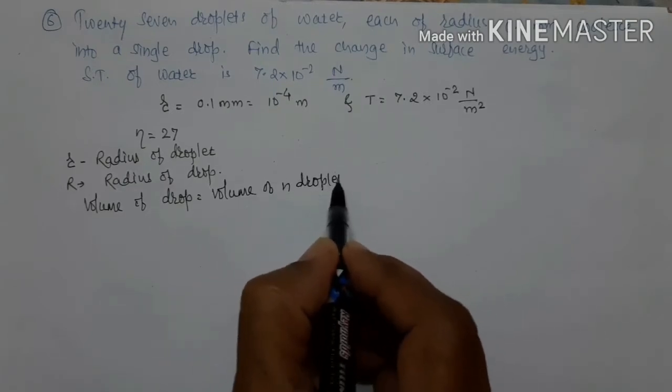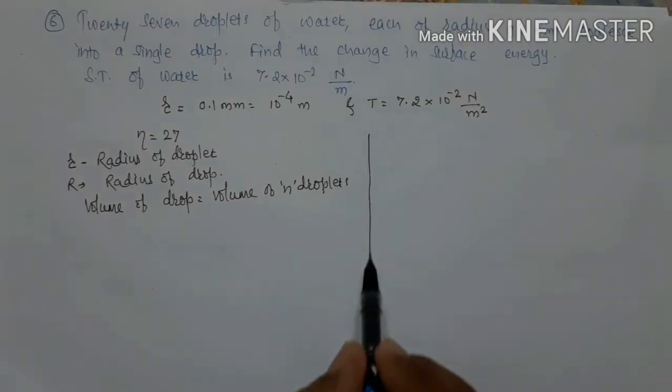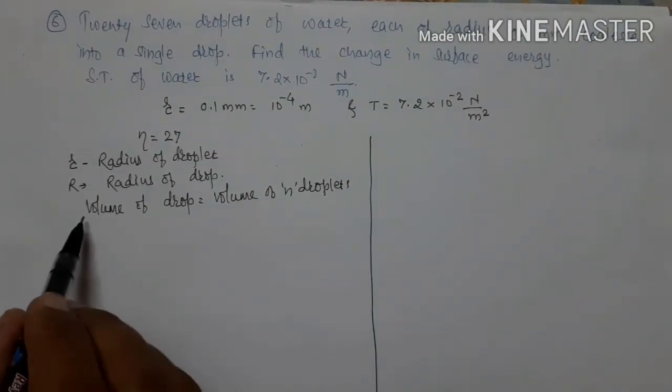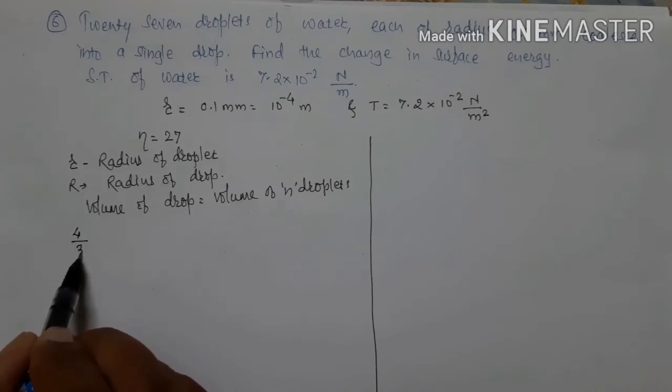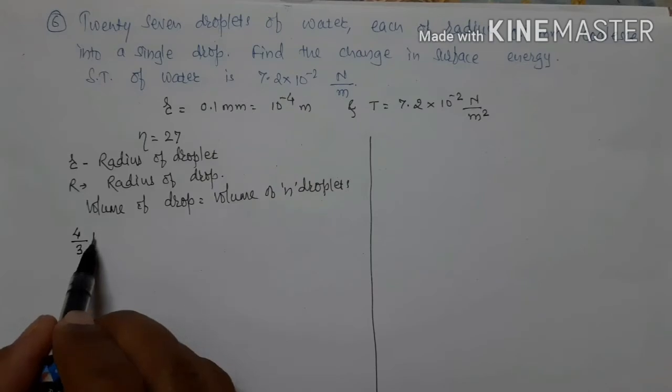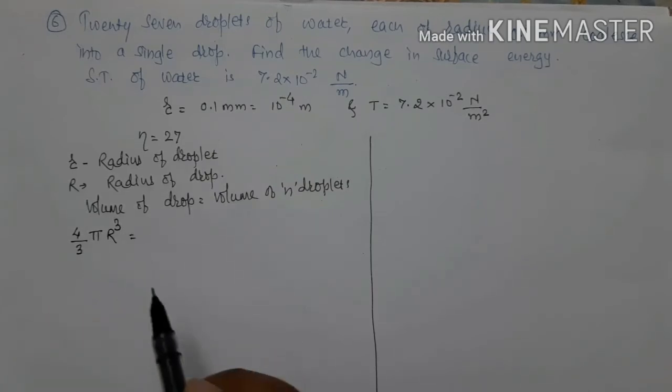Here we will take a generalized case, and n is 27. The drop is obviously spherical, so its volume is 4 by 3 pi R cube.